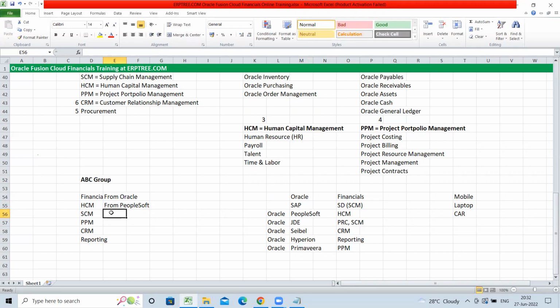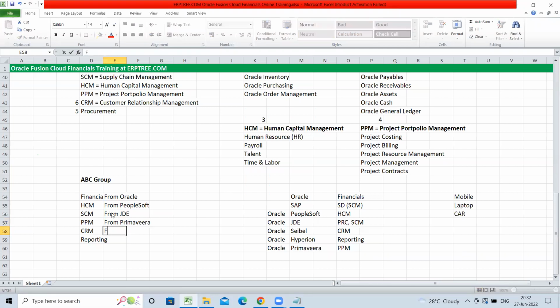The SCM solution, they took from JDE and a mix of few other applications also. PPM solution, they took from Primavera and a mix of few other products also.